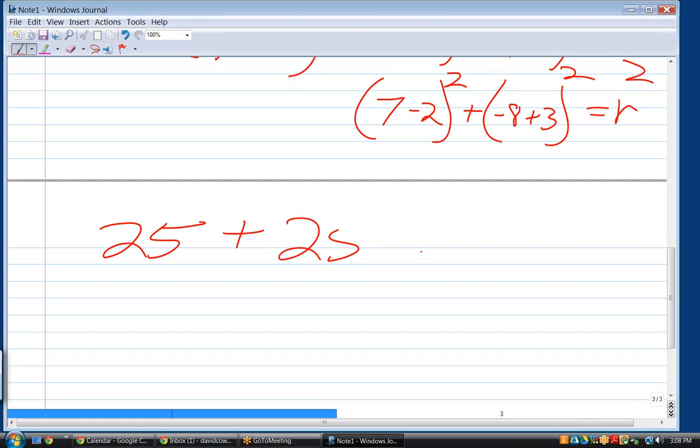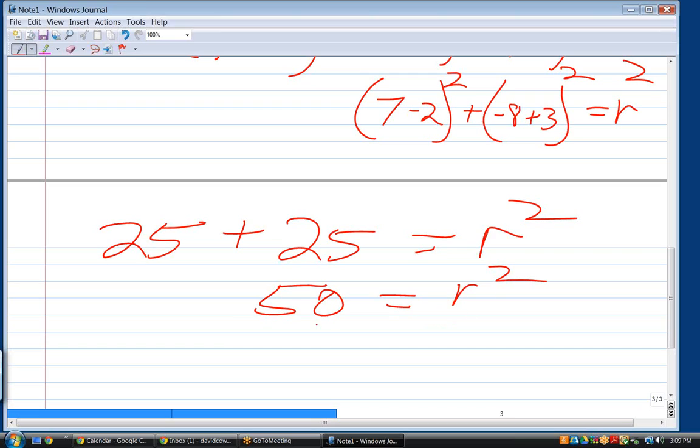Good. Equals r squared. So 50 equals r squared. So what was their question? Did they want to know the radius of the circle or the area or what? They just wanted to write the equation.